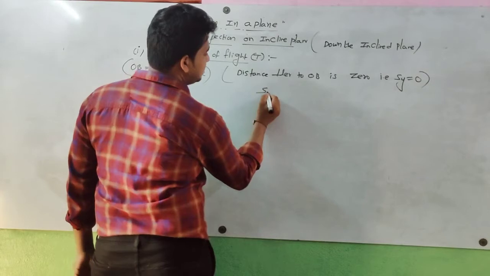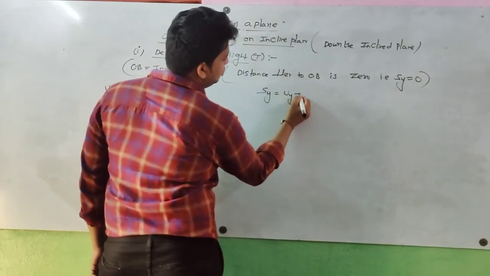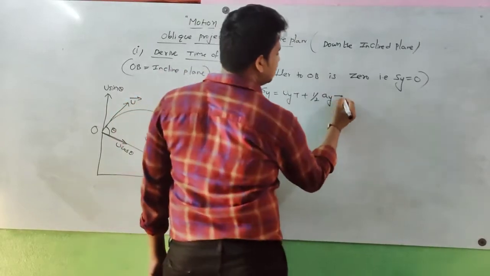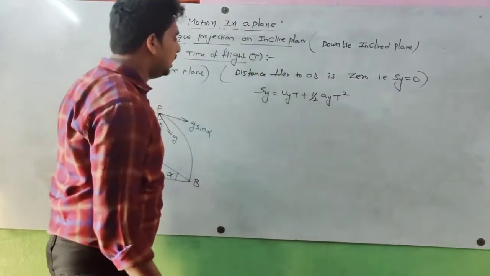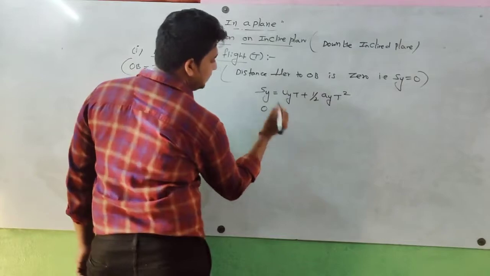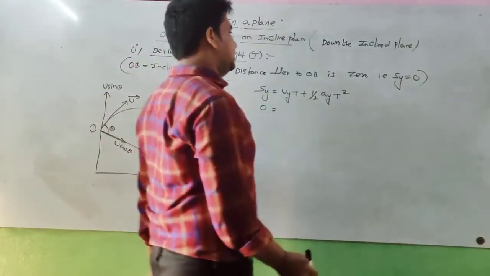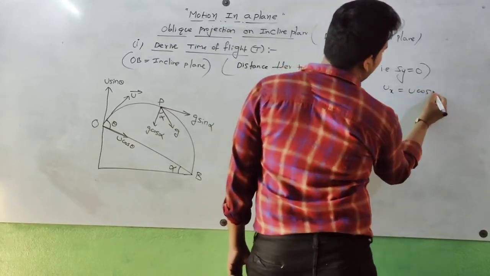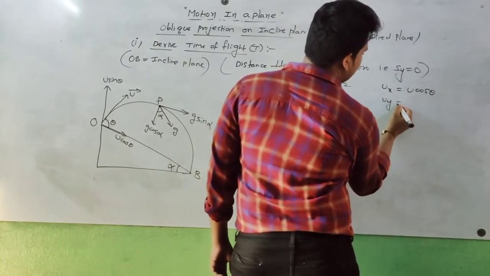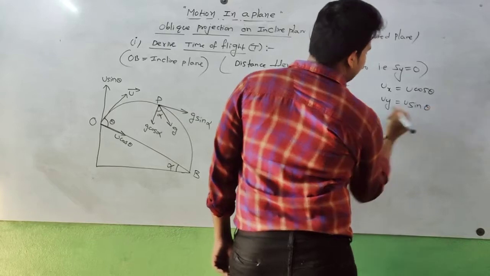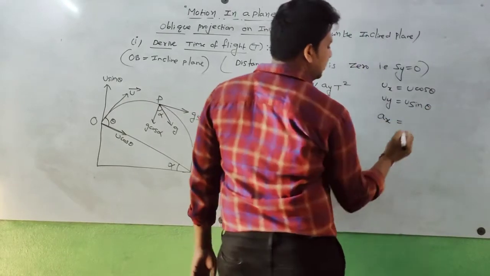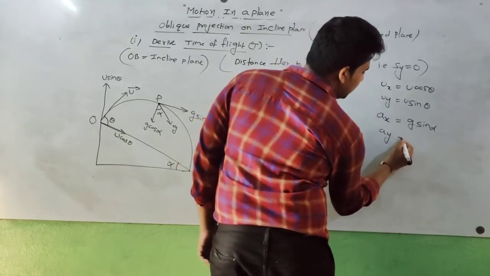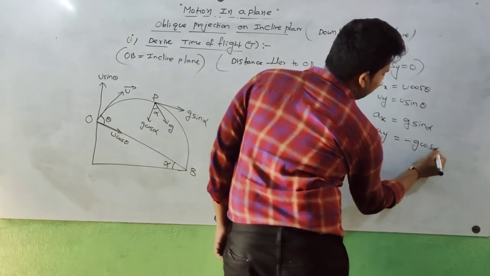So Sy is equal to uy into t plus half into ay into t square. Here Sy is 0. You already know ux is equal to u cos theta, uy is equal to u sin theta, ax is equal to g sin alpha, ay is equal to minus g cos alpha.